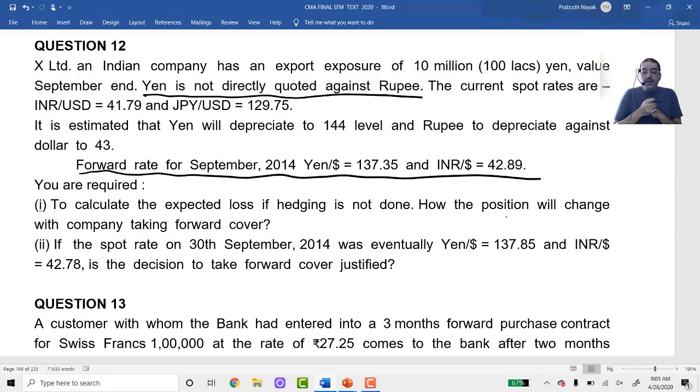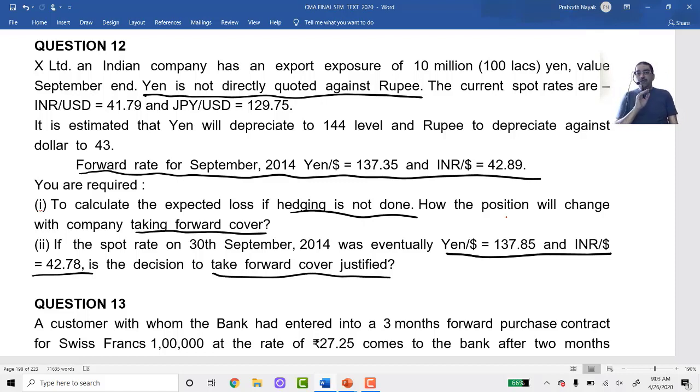You are required to calculate the expected loss if hedging is not done. So I will do two cases: hedging is done, hedging is not done. How will the position change by taking forward cover? Then, if the spot rate on 30th September was actually this rate, is the decision to take forward cover justified?